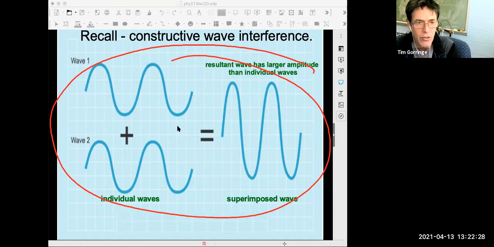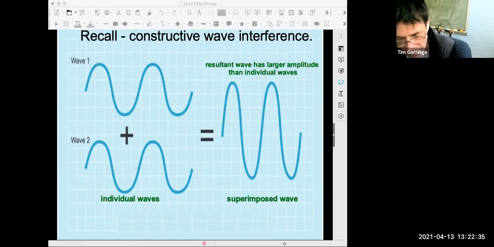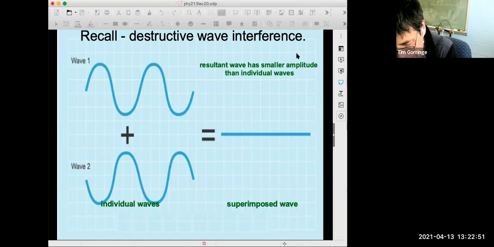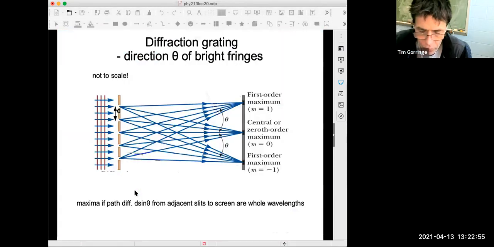So we're going to focus on the constructive interference, and focus less on the regions between those bright spots where there's destructive interference, where the light rays from the slits are canceling one another out.